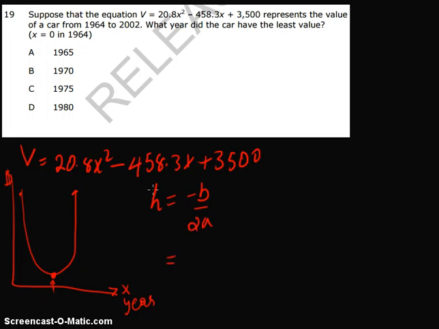In this case, h is going to be negative times negative 458.3 over 2 times a, which is 20.8.